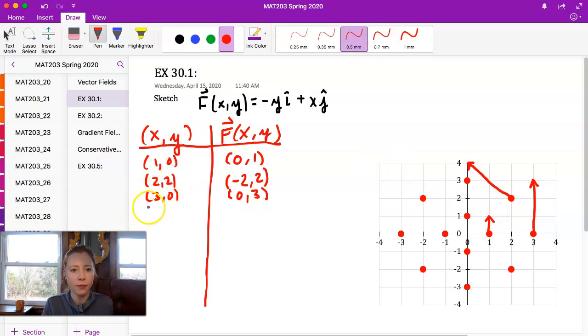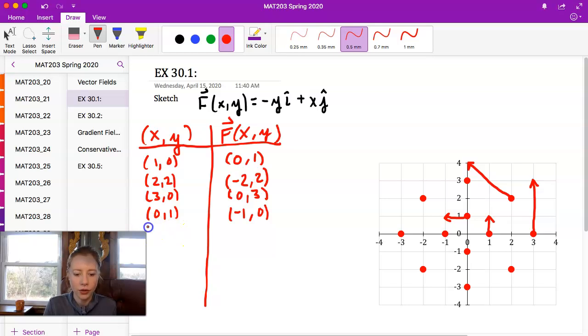Let's do 0, 1. If you input 0, 1, you're going to get -1, 0 out. So looking at 0, 1, you're going to get -1 and 0. We're just going to go 1 to the left.